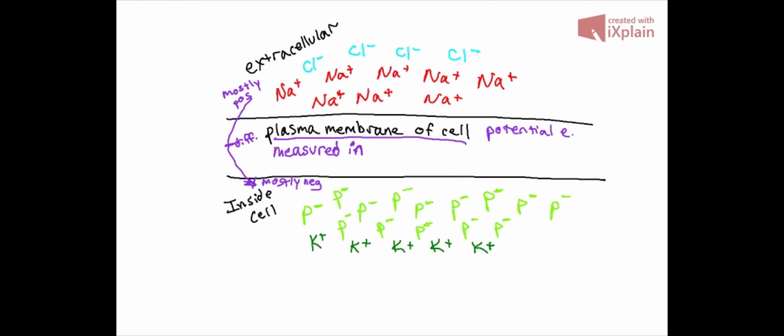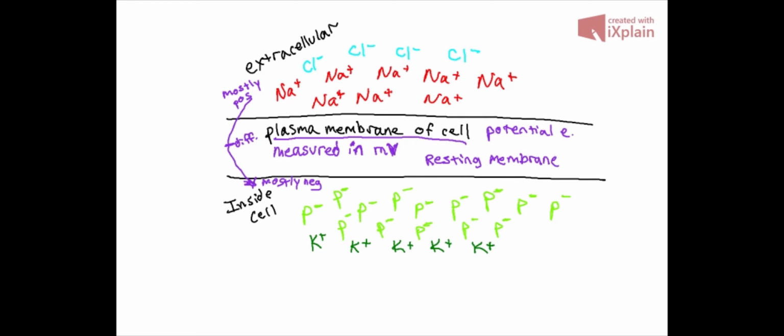And this potential energy is measured in millivolts. And when the cell is undisturbed, or when it's at its default state, when it's not doing anything, it is resting. So we call it the resting membrane potential. Resting because it's not doing anything, just in its normal state.